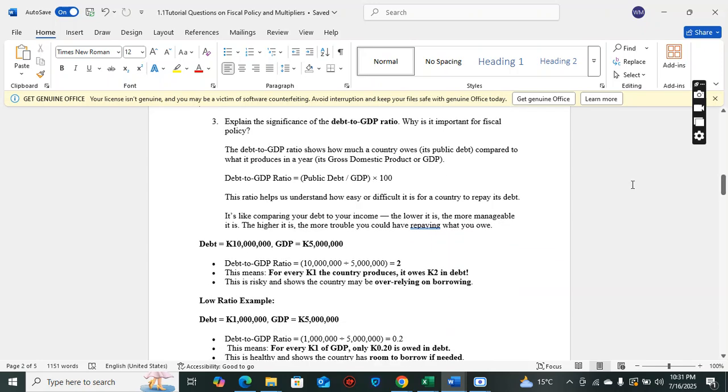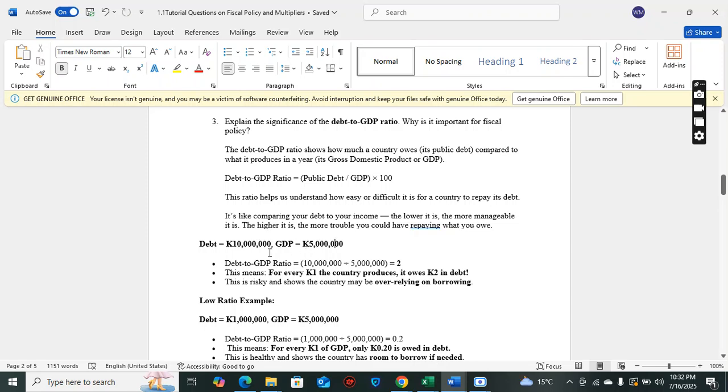Okay, so this is the formula: debt to GDP ratio equals public debt divided by GDP. Public debt is how much government is owing, both locally and internationally. So here's an example to illustrate this.